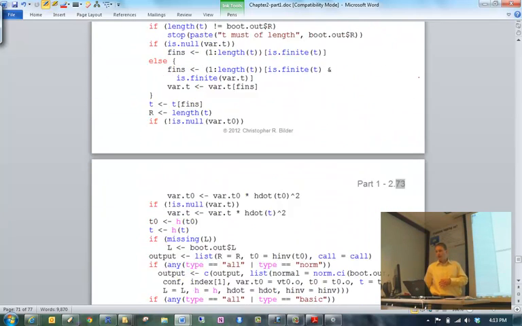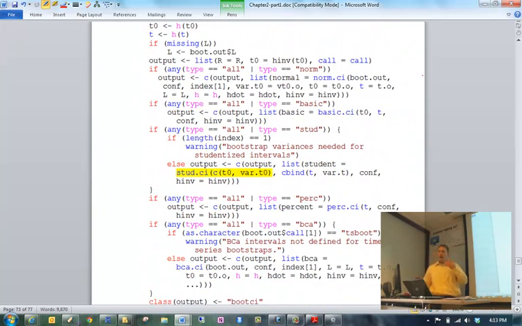So 1 and 2. But then I wanted to see the actual way the interval is calculated. I want to see the actual formula, like what I presented in class. So you can page through the function code, and eventually you come down to here.